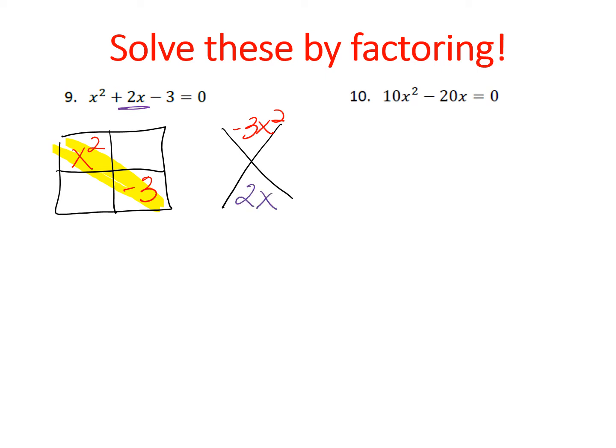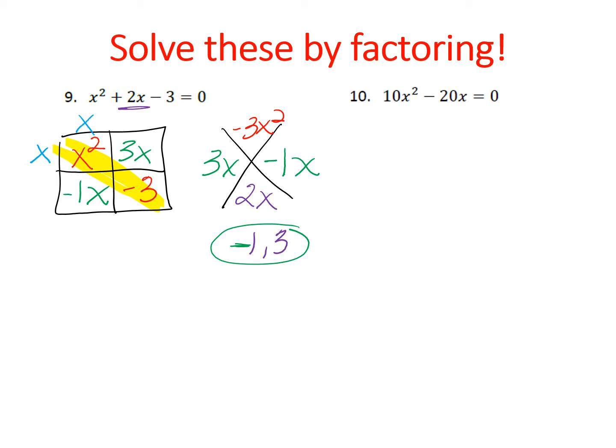And so our only options are a 1 and 3 that we can multiply. Granted, it's got to be a -3. So then I have to decide, well, which one gets the negative? Is it going to be a +1 and a -3 or a -1 and a +3? And I see that I want to get a +2. So that means I would have 3 minus 1, so a 3x and a -1x. And again, just look at it and make sure that works. If we multiply them, do we get -3x squared? When we add them, do we get 2x? Again, it doesn't matter which block gets what.